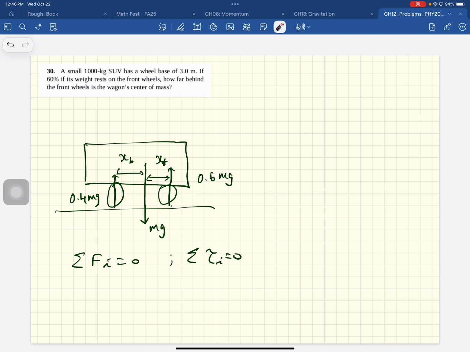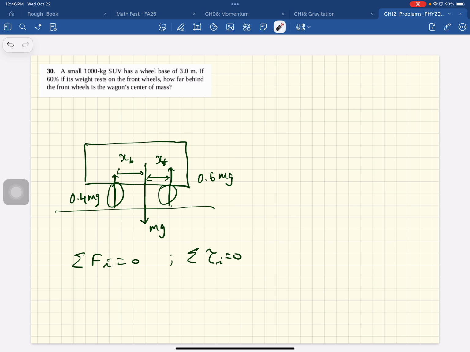So let's say we calculate the torque about the center of gravity. This force is trying to rotate the vehicle counterclockwise. That'll give you a positive torque. This force is trying to rotate the truck clockwise. That'll give you a negative torque.